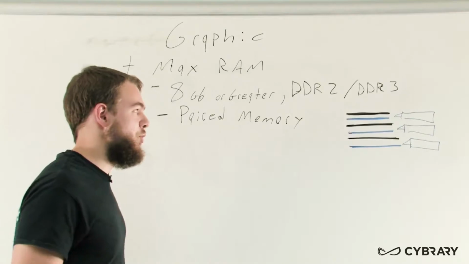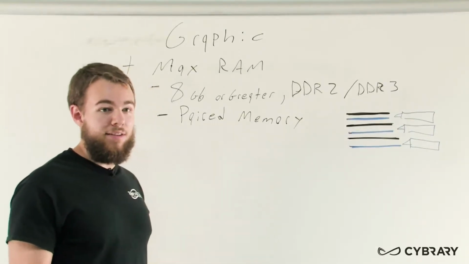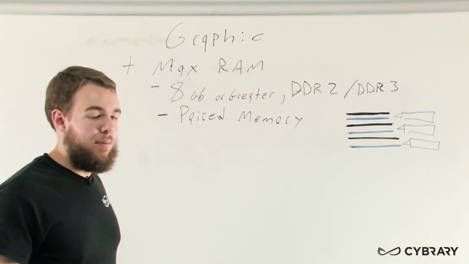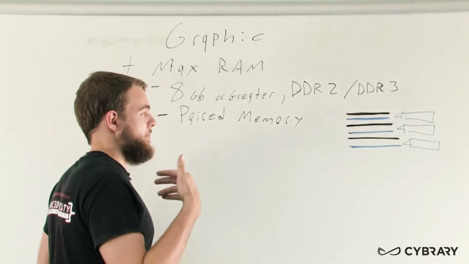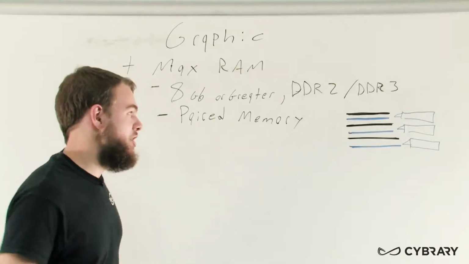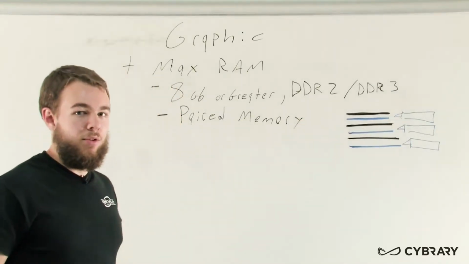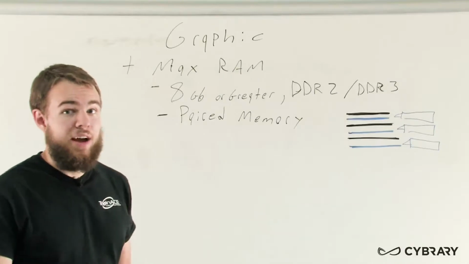Sometimes we may even run into situations where our computer can't handle that difference and it won't even boot. We want to make sure that we're matching them as closely as possible, and at least we want to match them within the banks. We want to make sure that they're the same memory from the same manufacturer.